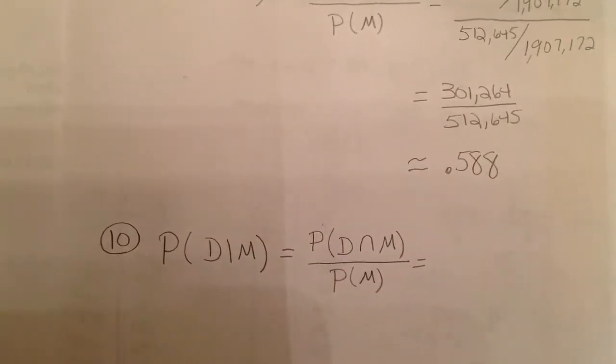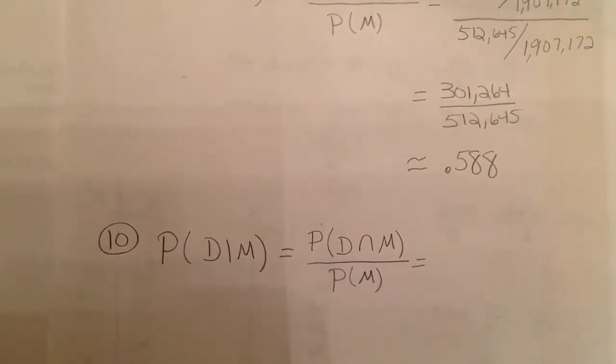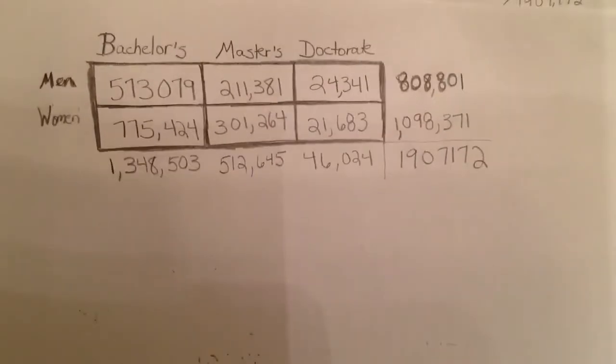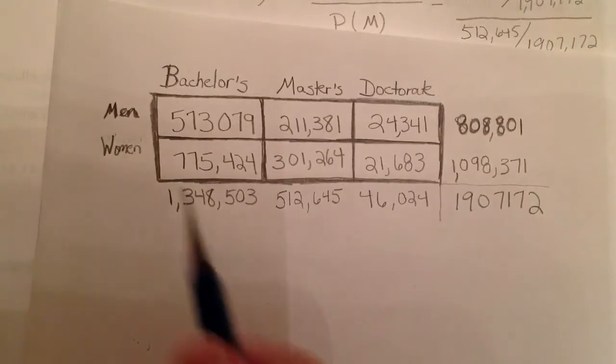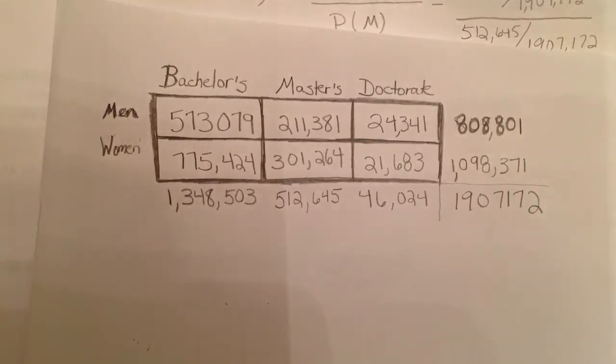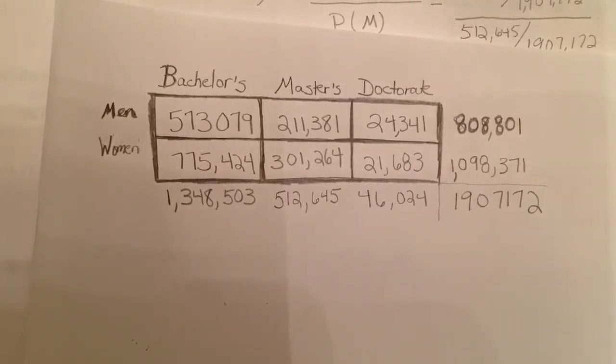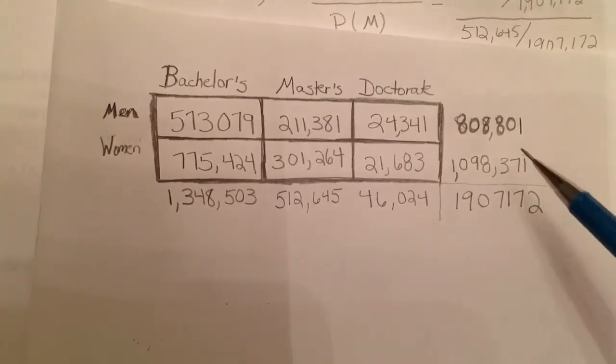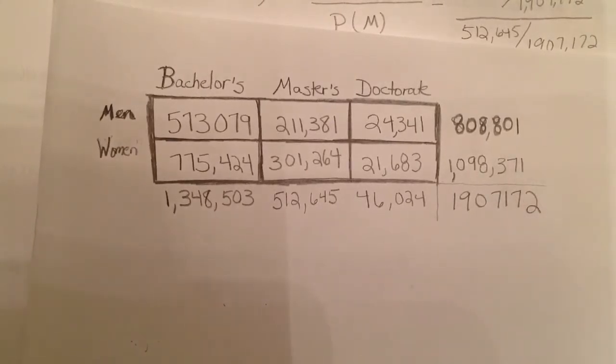For having both characteristics of doctorate and man, men with a doctorate, we have 24,341, and for the total number of men in the survey we have 808,801.